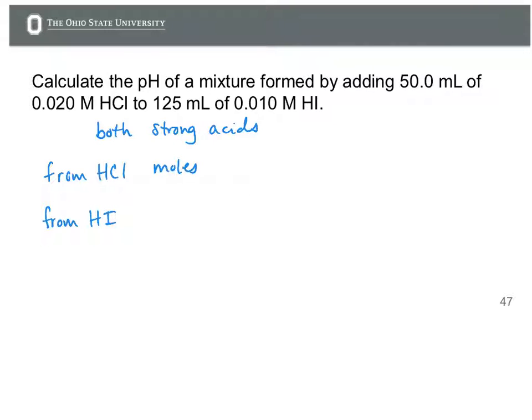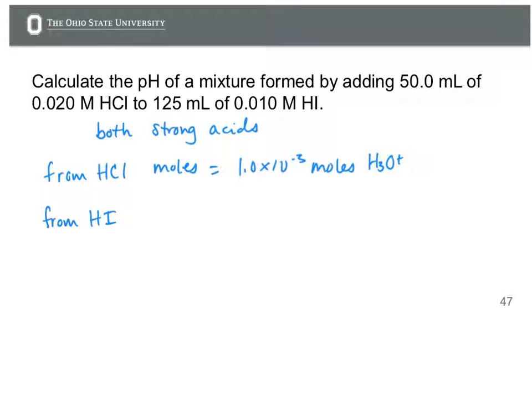So we had 0.02 molar HCl and 50 milliliters of that, and we end up with 1 times 10 to the minus 3 moles. Because for every one molecule of HCl and HI, we produce 1 H3O plus, we can say that the number of moles is equal to the moles of H3O plus fairly readily.